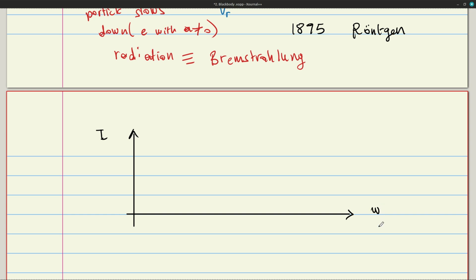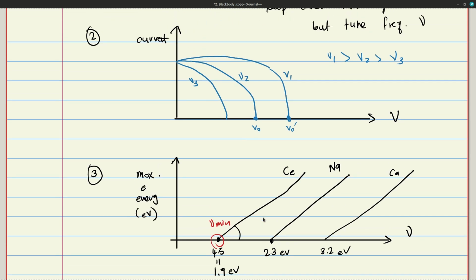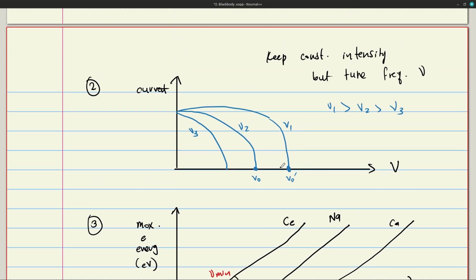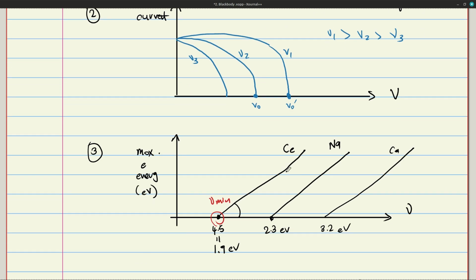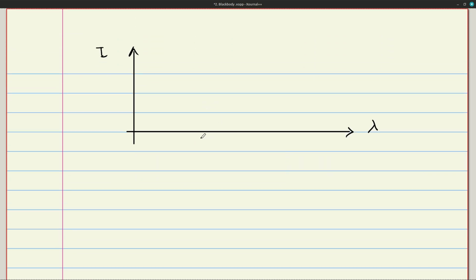In the photoelectric effect, we looked at this as a frequency, sometimes omega, sometimes nu. But for whatever reason, your book switched to wavelength here. Let's go back and see. You can see here as a frequency, there's a threshold voltage. Exactly like that. If you write it in terms of wavelength, you need to reverse this graph. And the intensity is going to have a threshold, right?